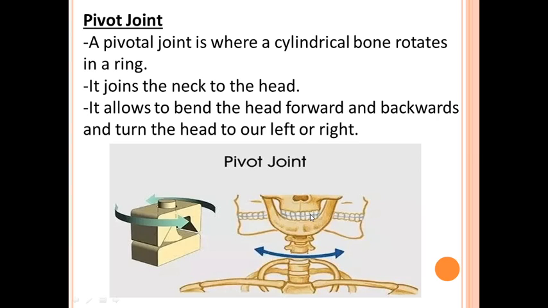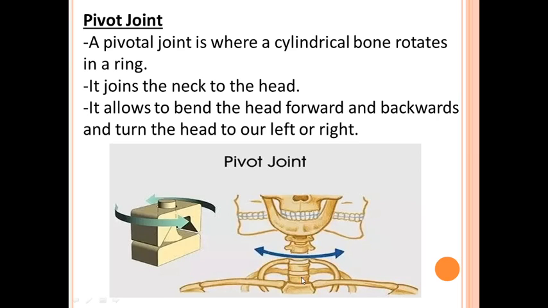The skull is joined to the vertebral column in such a way that it can rotate on the pivot, like the upper end of the vertebral column that you can see here. As we are moving the skull, that kind of joint is known as a pivotal joint.